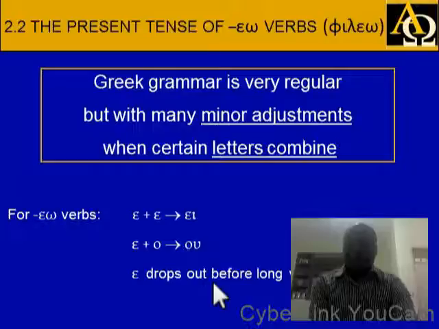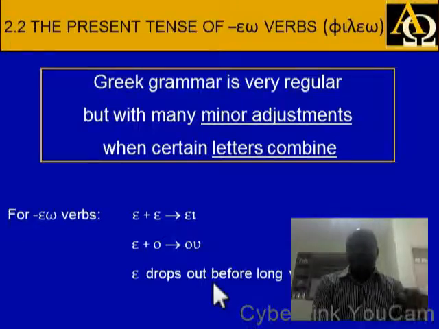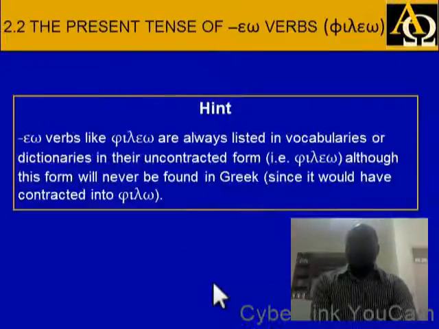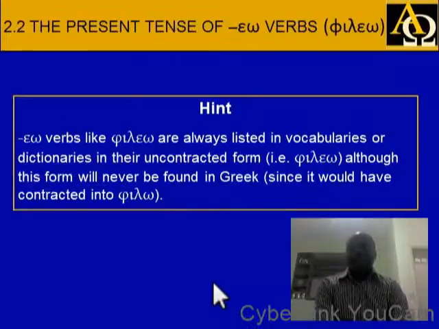I will go back to that chart again. Epsilon plus epsilon equals epsilon iota. Epsilon plus omicron equals ou, and epsilon before a long vowel drops. I hope you get this. It's very important. Epsilon-omega verbs like phileo are always listed in vocabularies or dictionaries in their uncontracted form.